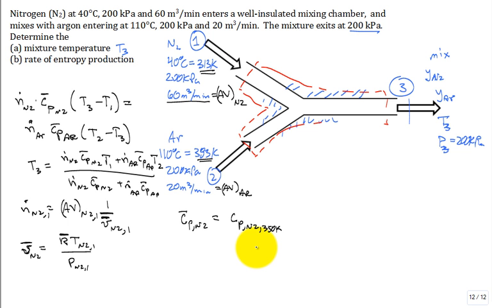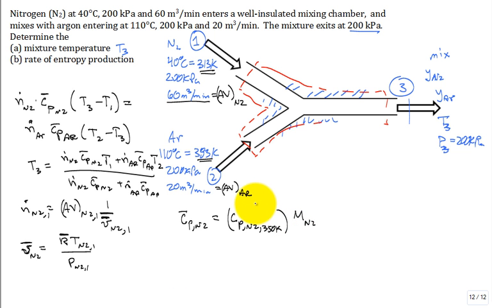Molar mass. Okay. So do I multiply by molar mass of nitrogen or divide by molar mass of nitrogen? Use your units to help guide you through that. It's multiply, isn't it? What are the units on molar mass? Kilogram per kilomole. Good.